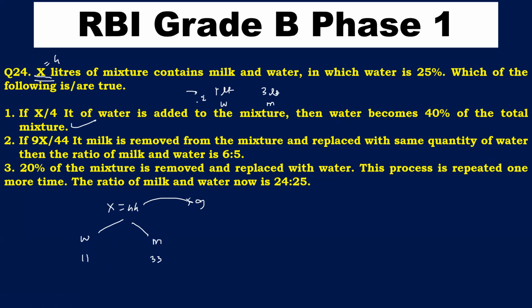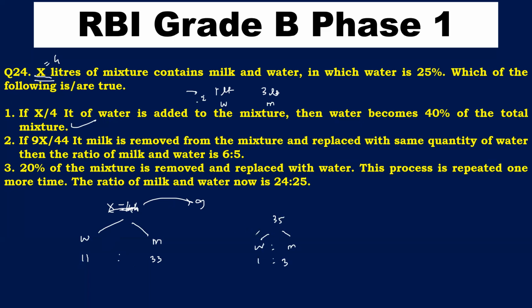So if you remove 9 liter from it, what remains will also have the ratio 1:3. So what remains is 35. So 35 will also have the ratio between water and milk as 1:3.